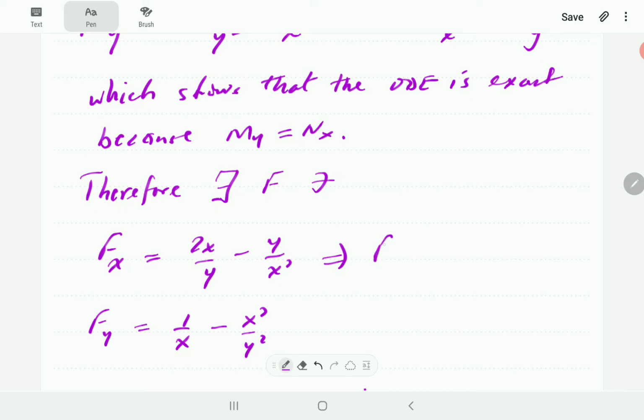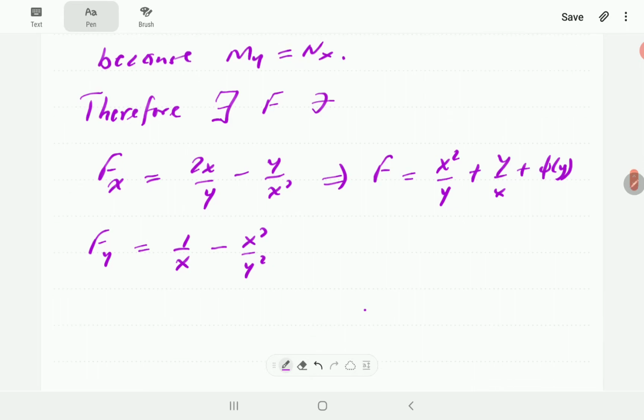If we integrate that first one with respect to x partially, we're going to have x squared over y plus y over x. So here we've got the integral of 2x is x squared. The integral of minus 1 over x squared is minus 1 over x, so the sign changes. Then this is going to be plus some function of y.